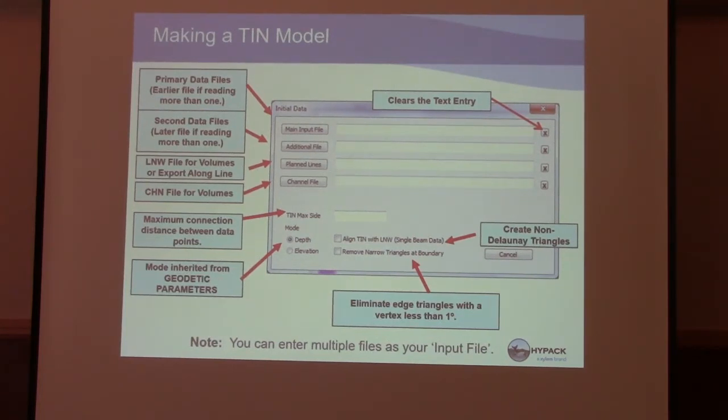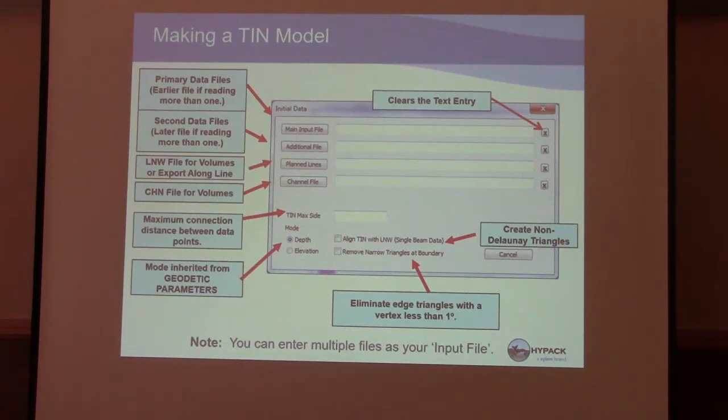Multi-beam data. What do you think your tin max side is in multi-beam data? Your grid size. But if you just bring in all your multi-beam data points and not gridded data points, I put it at like a foot. Because if you have more than a foot, it's never going to connect around a point or over land where you only have one foot to connect.